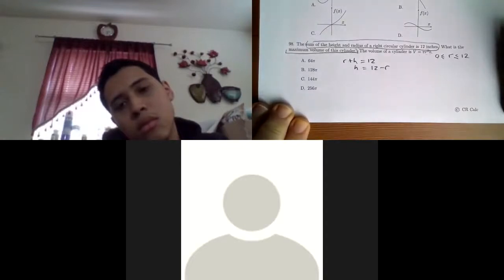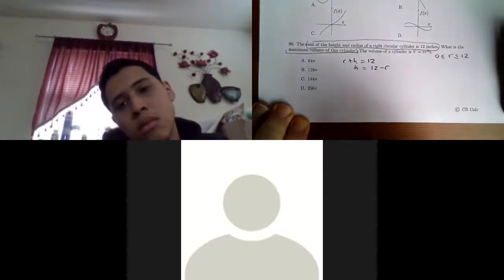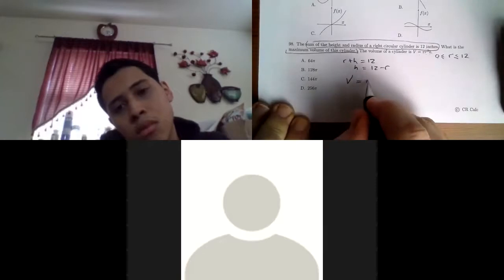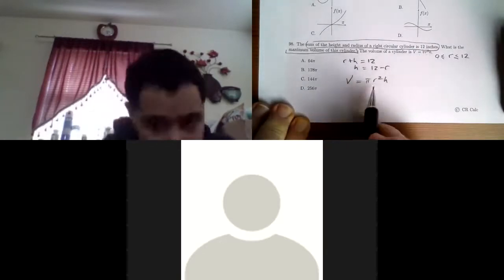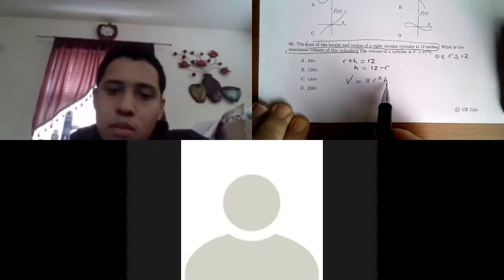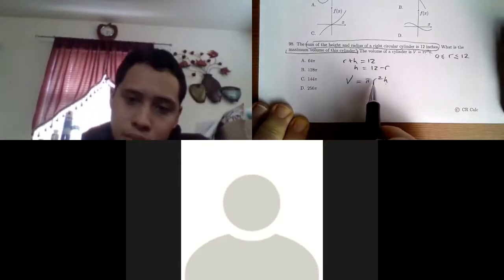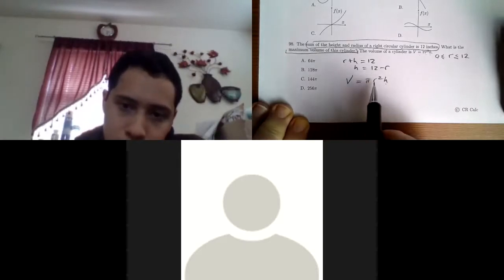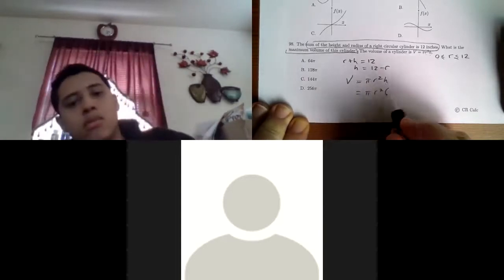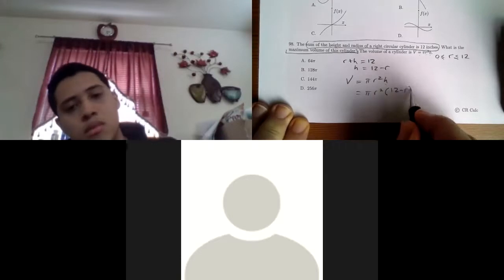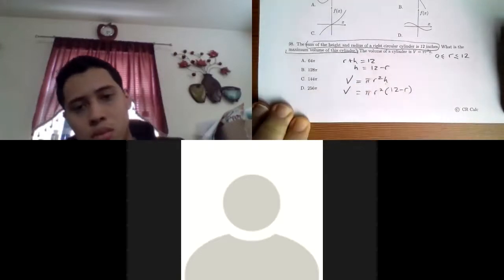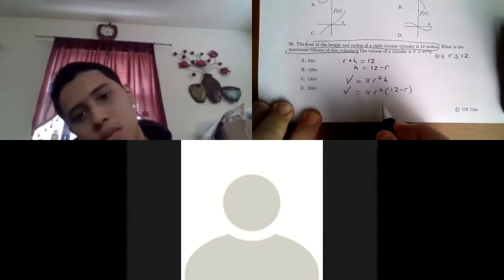You can also do r equals 12 minus h, but there's actually an advantage to doing it this way. If I solve for h and replace the h here, that means I don't have to, if I replace the r, I'd have to square it, and the algebra would be harder. So I'm going to replace that h with 12 minus r, and we're going to use that as our volume formula.